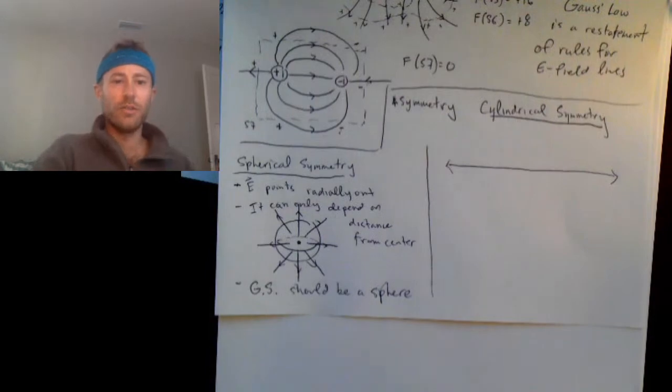Well, here's a cylinder, I'm just using a Coke can. Let's imagine that it's an infinitely long cylinder. If I take the can and rotate it, it's still an infinitely long cylinder. If I move it this way or that way, assuming it's infinitely long, you still have an infinitely long cylinder. So if the charge distribution has that symmetry, then the electric field that it produces also has that symmetry.